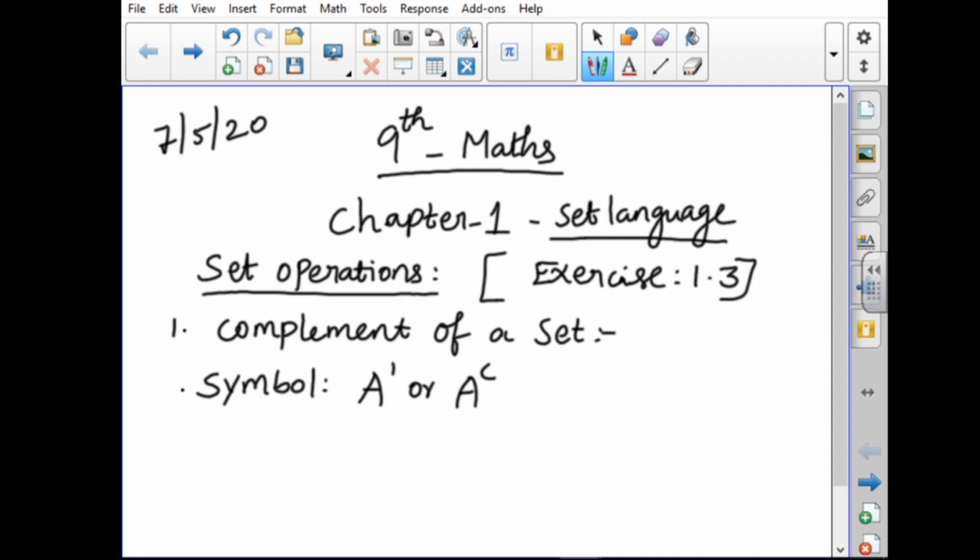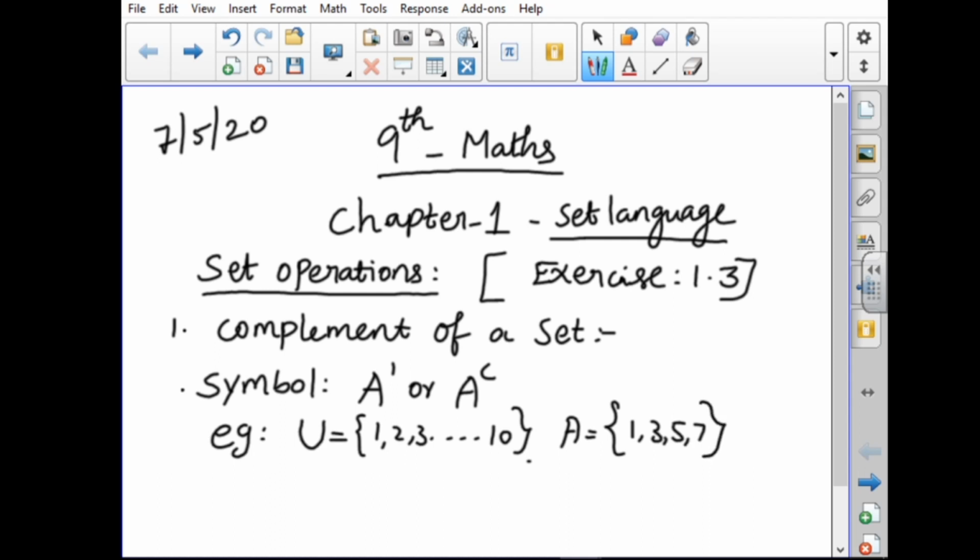For example, I am taking the universal set U is equal to 1, 2, 3 up to 10. Then another set A is equal to, for example, 1, 3, 5, 7.